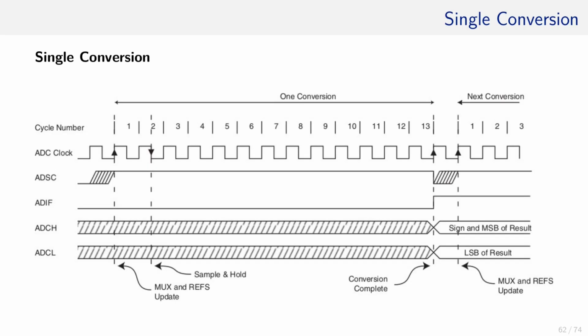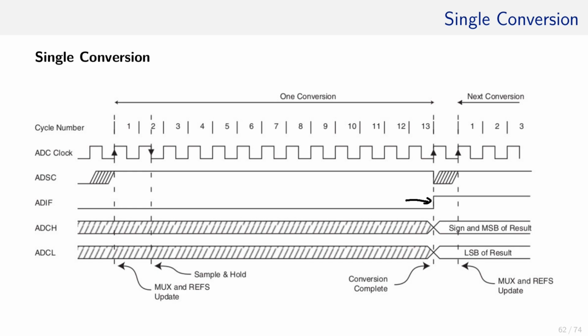Let's have a look at the timing diagram that we had earlier. This is a single conversion by just setting ADSC. In this case, ADATE is 0. As you can see, ADIF goes high if the conversion completed. And we talked about ADIF earlier.